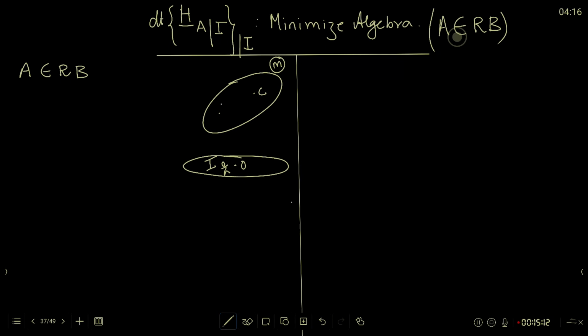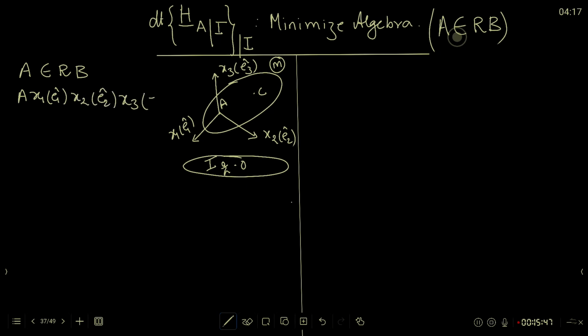Let this be center of mass, let this be A. Now so far we have learned that if A is a point on RB and if you have a Cartesian coordinate system which has its origin fixed to RB, if this is my working coordinate system, we have learned that HAI can be conveniently written in terms of the inertia matrix components and the angular velocity components.